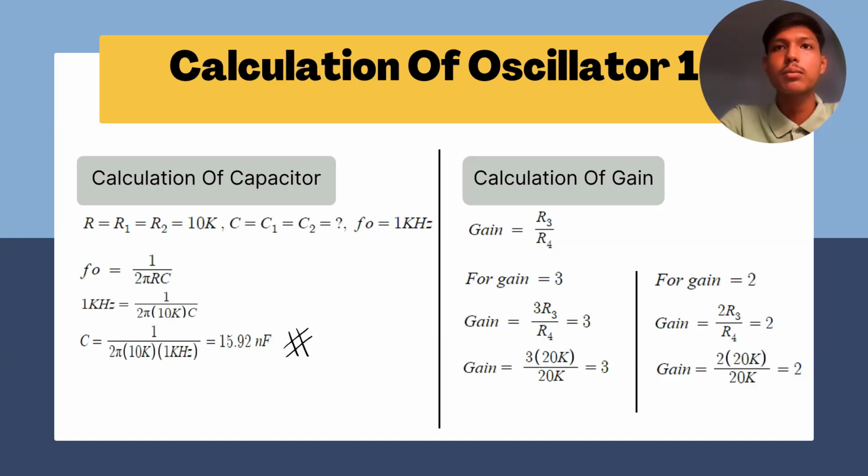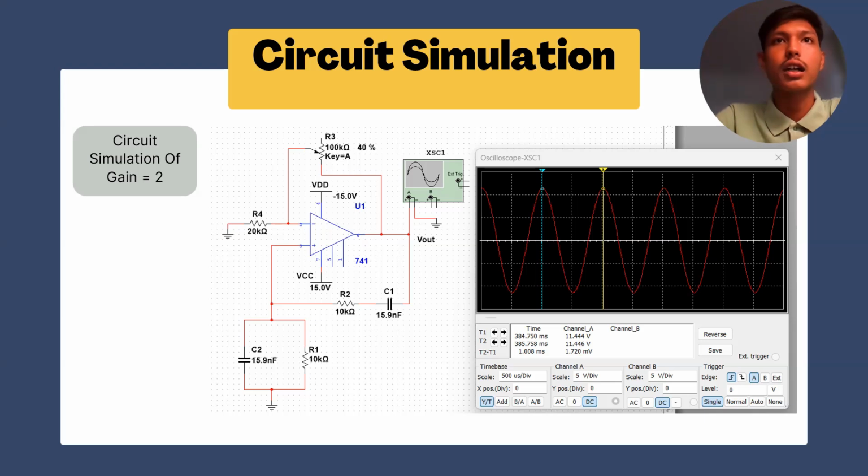So the calculation will be gain equal to 2 times 20K divided by 20K equal to 2. For gain equal to 3, the R3 value is 60K, and for gain equal to 2, the value of R3 is equal to 40K.